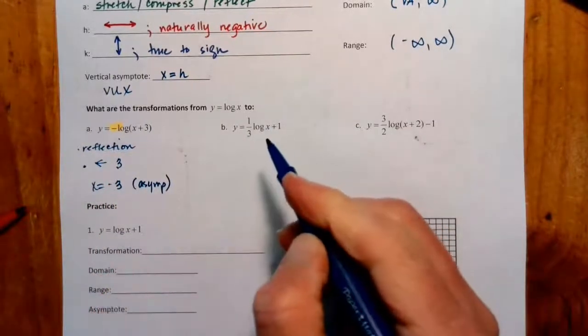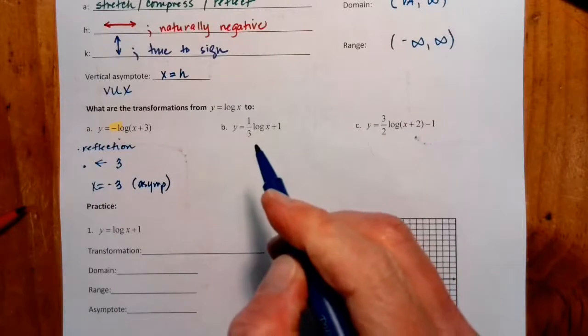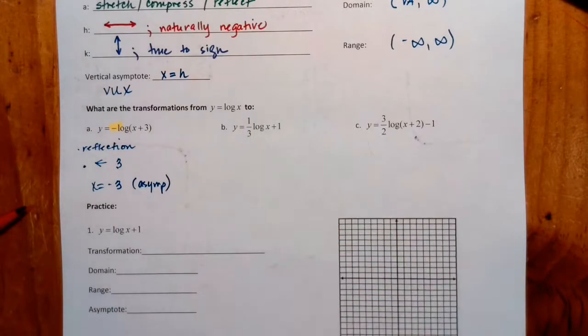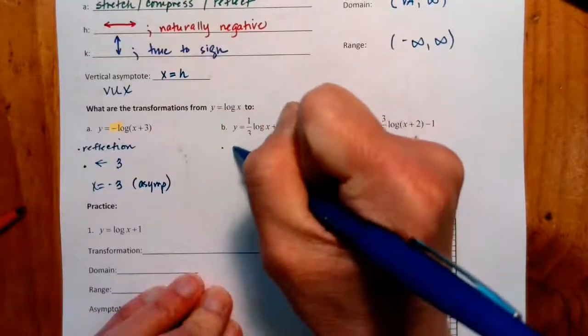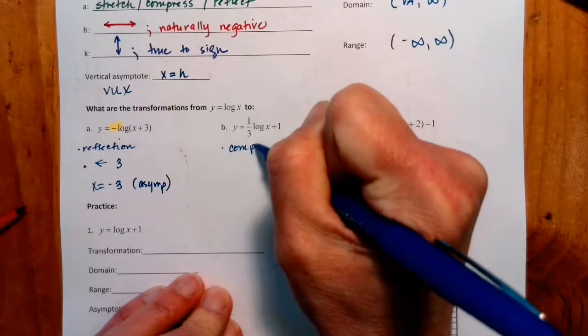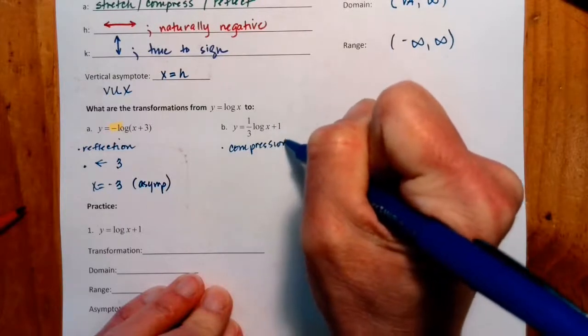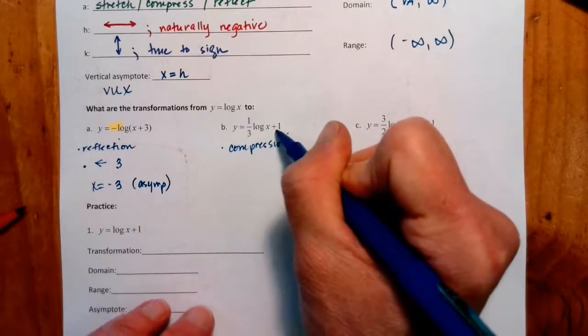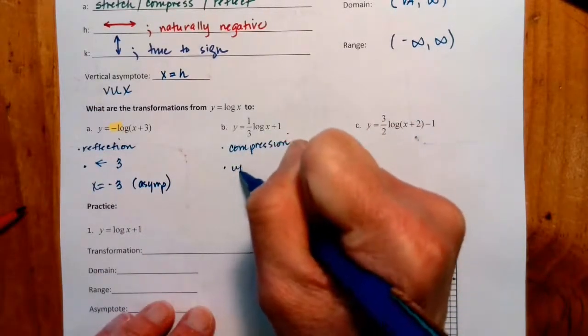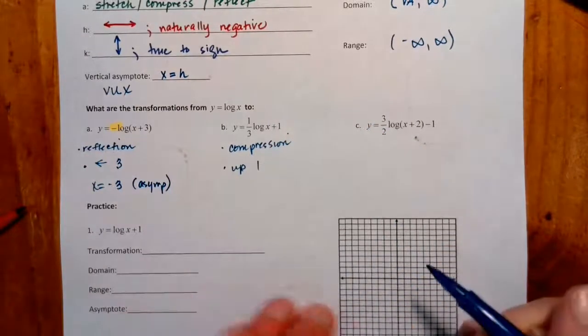All right, let's take a look at this next one. So I can see that 1/3 represents definitely a compression because of that fraction. I recognize that this common log is going to be smooshed, and guess what? It's going to go up by 1.